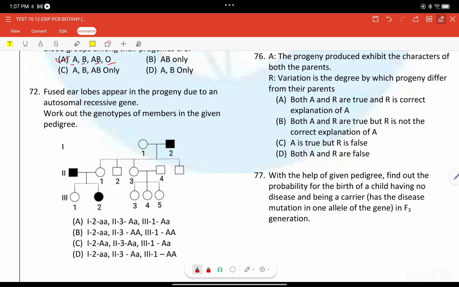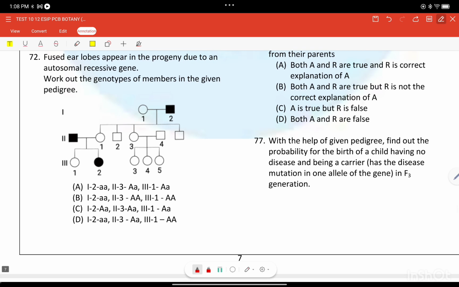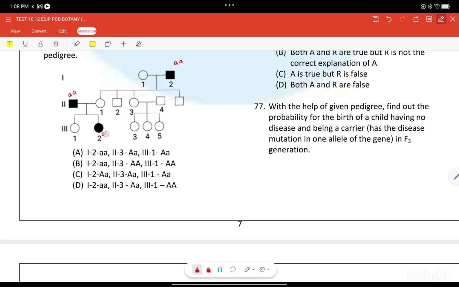Fused earlobe appear in the progeny due to an autosomal recessive genes. Work out the genotype of member in the given pedigree. So it is autosomal recessive gene type. So it has to be small a, small a, small a, small a, small a and small a.